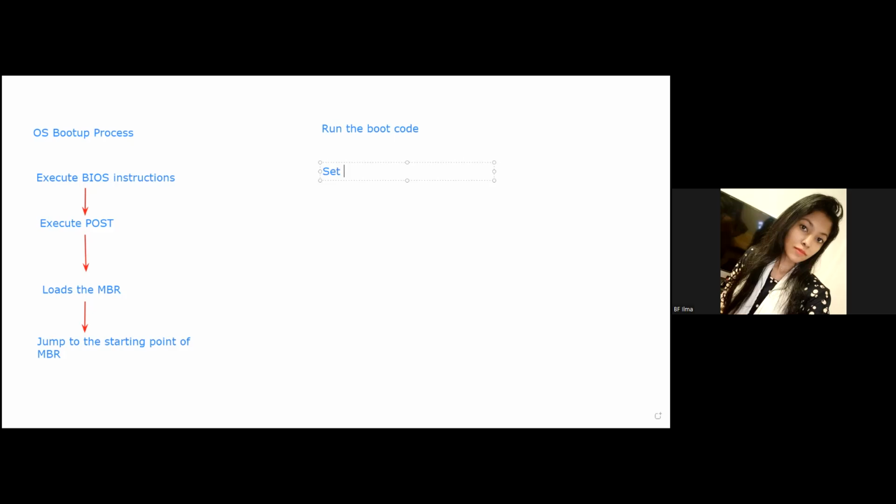Then we have to set up the interrupt vector and interrupt handler. This means updating the value in the interrupt vector to the address of the interrupt service routine.